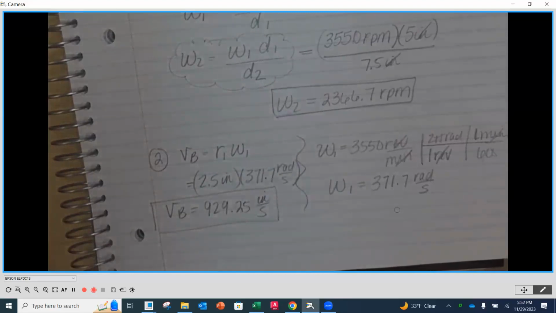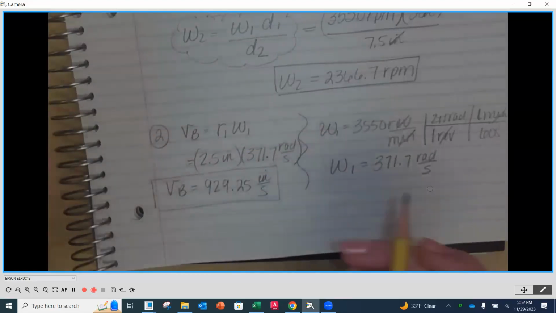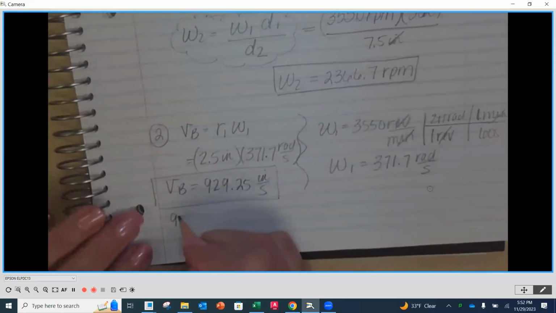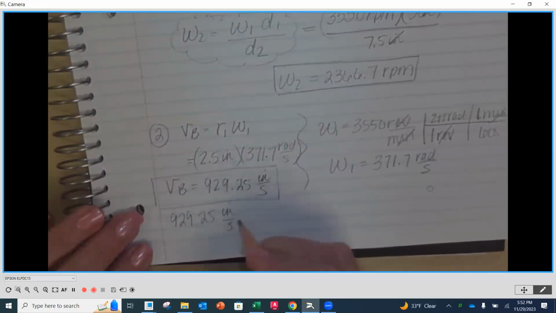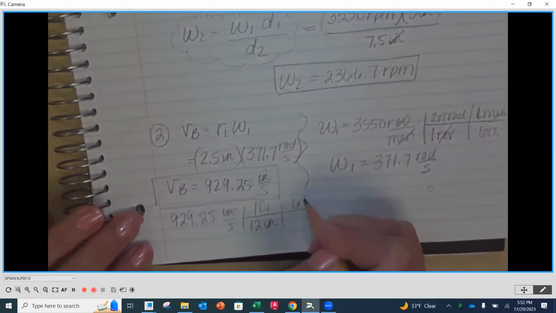So they kept it in inches per second, and then they changed it to feet per minute. Yeah, that is the most common. So why don't we do that? Let's put it in the units it's supposed to be. So we'll do one more conversion: inches per second, and then we want 12 inches in 1 foot. So those will cancel. And then we have 60 seconds in 1 minute.